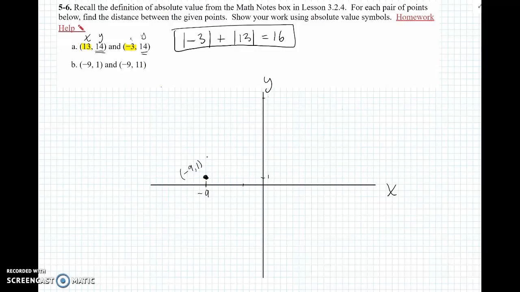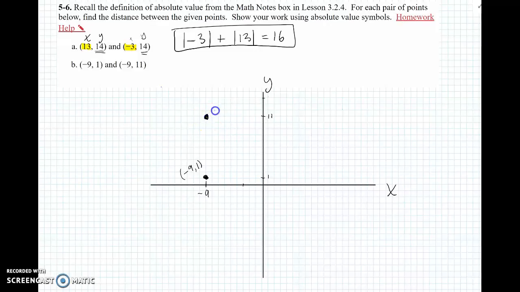All right, let's see where -9, comma 11 is. So -9 is here. 11 is up 1, 2, 3, 4, 5, 6, 7, 8, 9, 10, 11. And where those points meet.